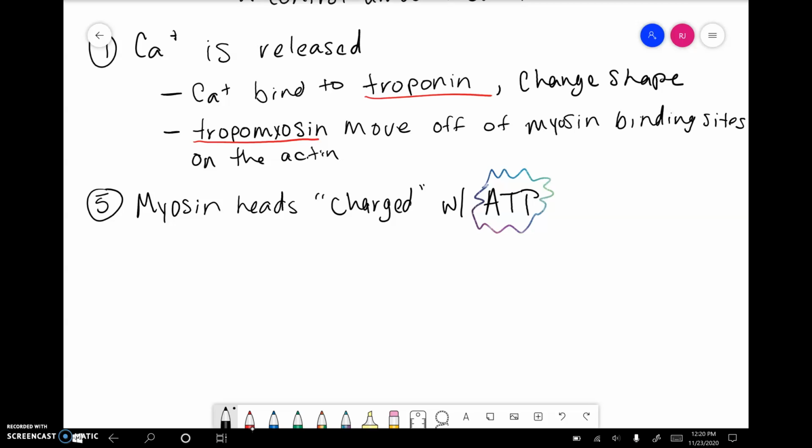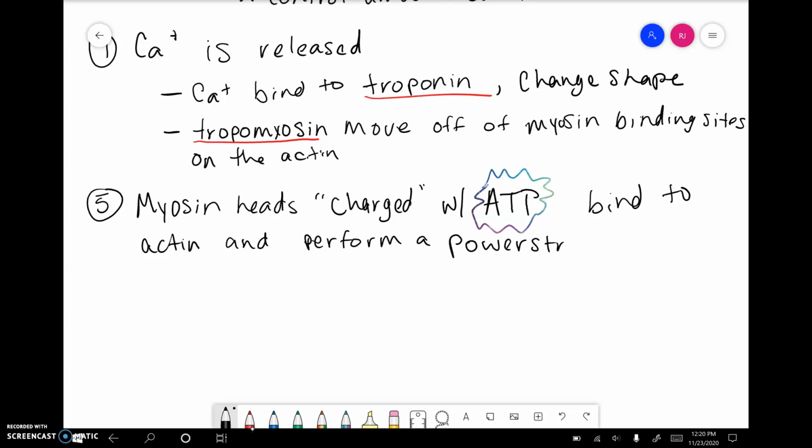So those myosin heads charged with ATP are going to bind to the binding sites on our actin and perform a power stroke, which is also going to be a really important term here.